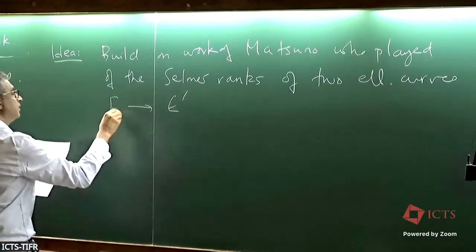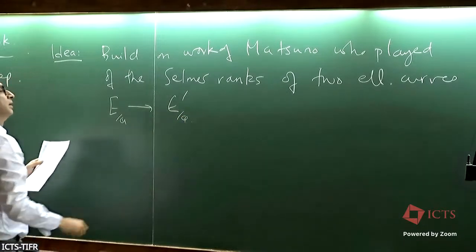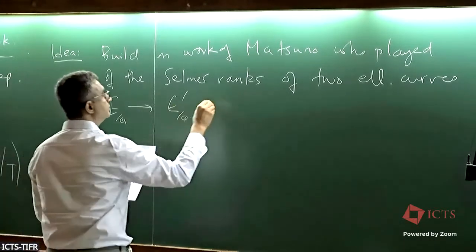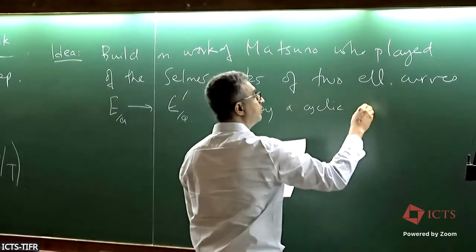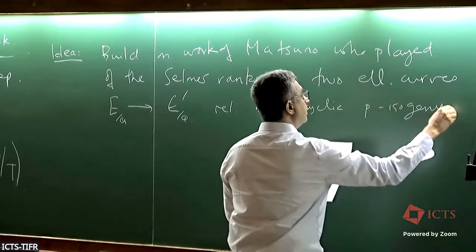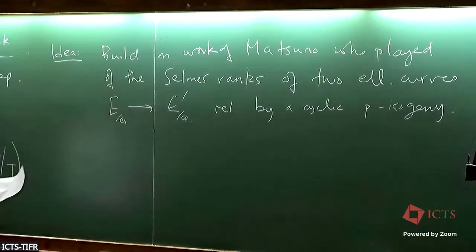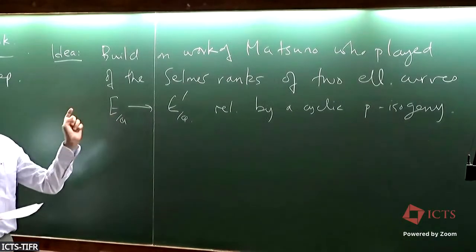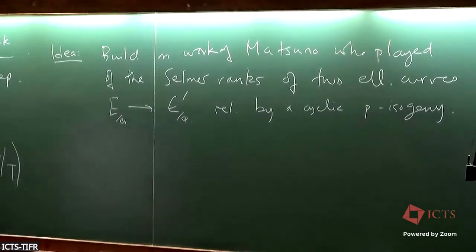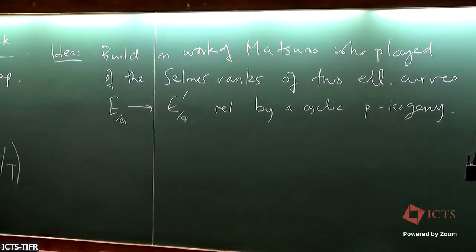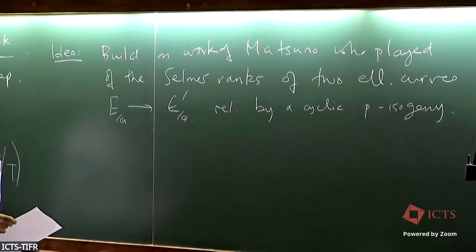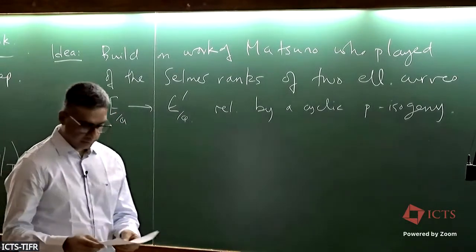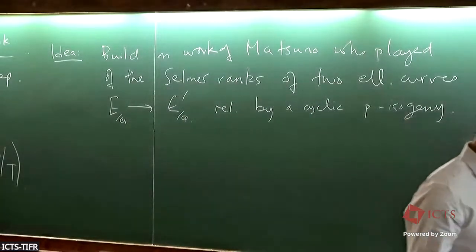So two elliptic curves E and E prime over Q, related by a cyclic p-isogeny. So his idea was to look at Selmer groups over the cyclotomic Z_p extension and show that their lambda ranks were the same, and then somehow use that to make one over Q large and one over Q small. So it's based on this, but elliptic curves don't appear explicitly here.